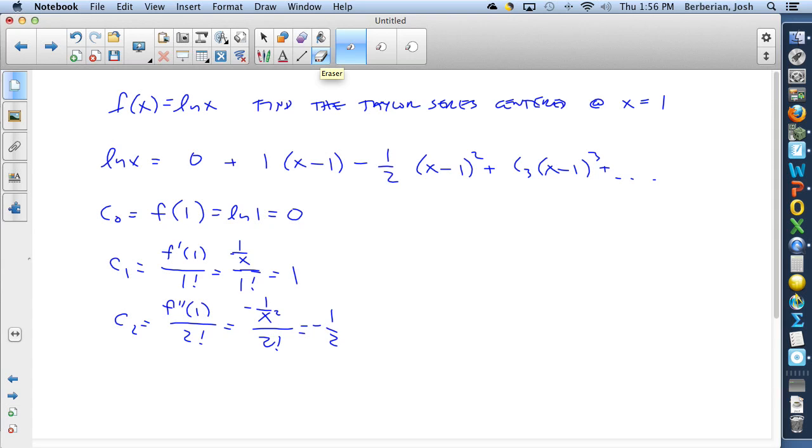The next derivative is 2 over x cubed. Just note, it's a little hard to guess what the pattern is now, but maybe after doing one more, we'll see what the pattern is.